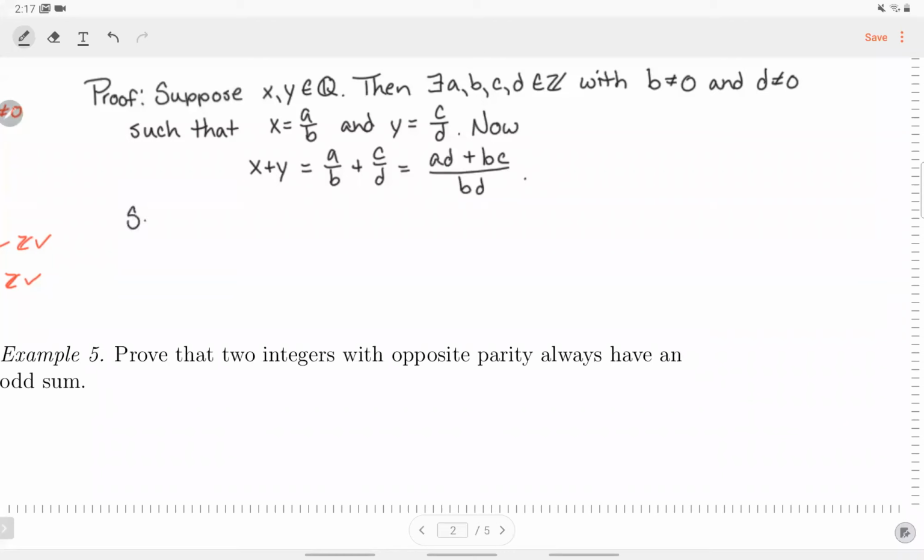So since a, b, c, d are elements of the integers, we know that ad plus bc is an integer.